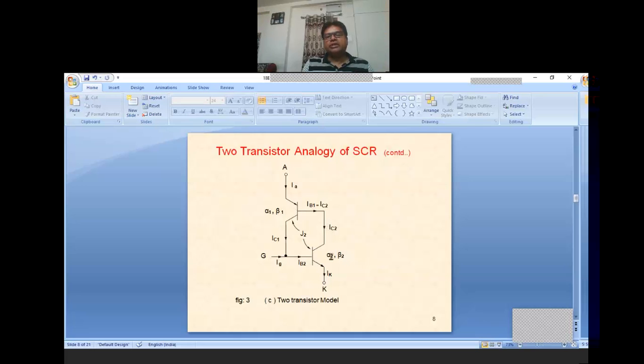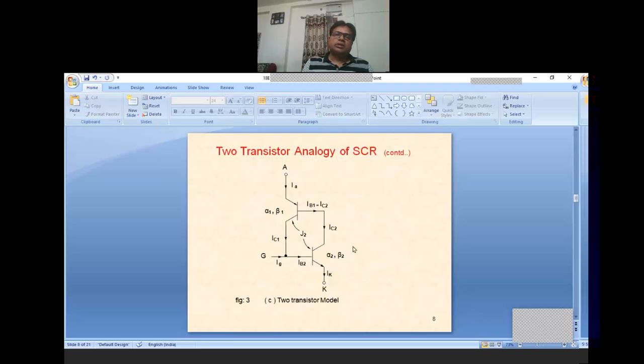Eventually it is a cumulative action which results in a gradual increase of collector currents of both the transistors, and eventually the cathode current, or anode to cathode current, will increase. That is how current through the SCR increases and it starts to conduct at a specified condition, and it enters into conduction mode.